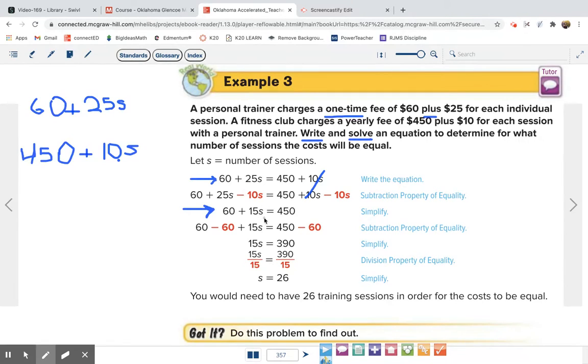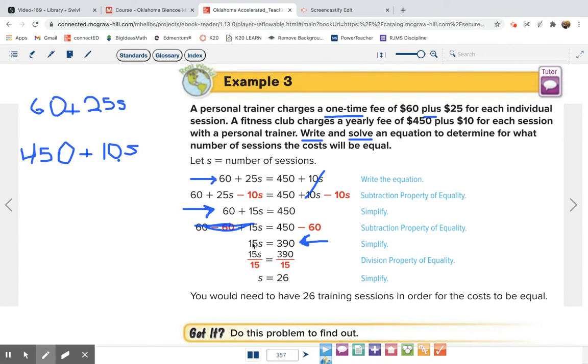Now we are solving for S. So we have to get rid of 60 and 15. We get rid of the one that's by itself first, 60. Since it's positive, we subtract it from both sides of the equal sign, and it cancels here. I'm left with 15S equals 450 minus 60 is 390. This is our next step of the equation: 15S equals 390.